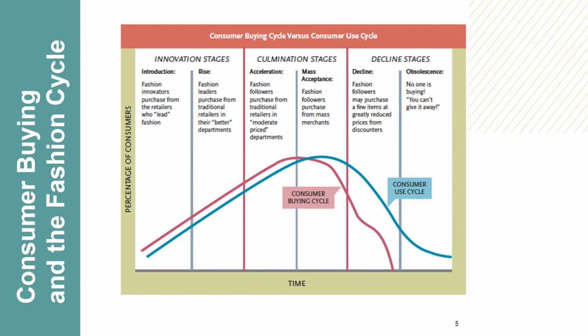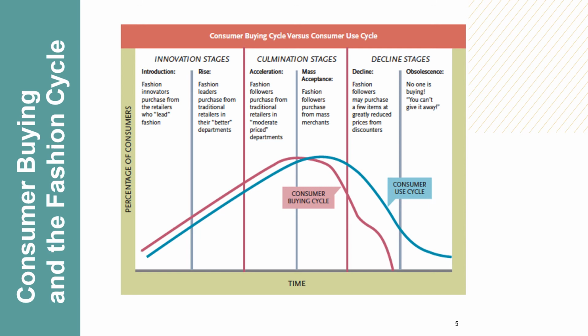Sometimes, when things get to the decline stage, they fall off very quickly from us wanting to buy them. However, the use cycle is a little bit longer. With the use cycle, we have them in our closet, or they're already on order with the retailer or the vendor, so they still are, you can't see my air quotes, in the use category. But there are two curves, and they have a direct relation to one another.